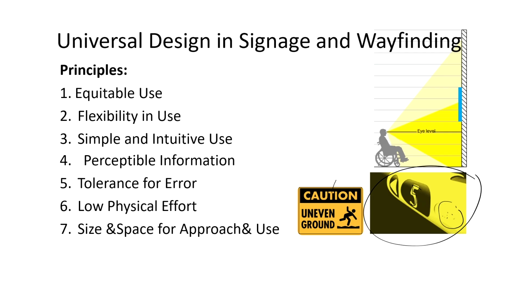Next, tolerance for error. The signage system should be forgiving of mistakes and misunderstandings. Clear feedback and mechanisms for redundancy in information help users navigate effectively. For example, placing warning signs with clear symbols and concise messages near potential hazards such as uneven terrain or low hanging obstacles reduces the risk of accidents and mitigates the impact of error.